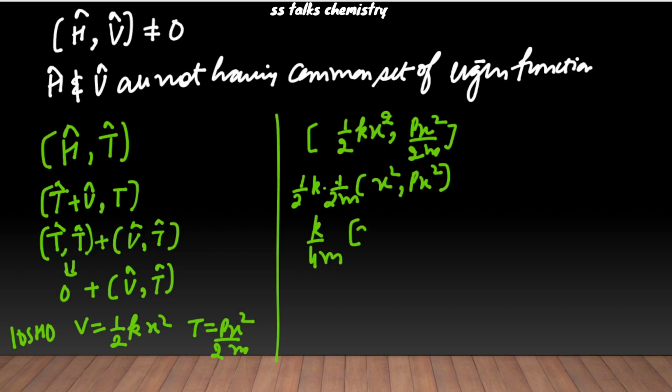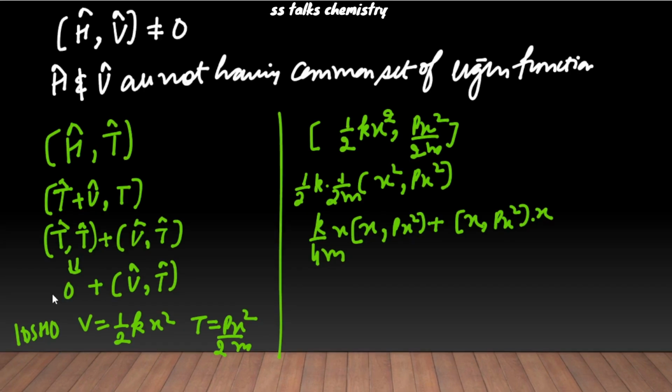Now here, x commuting with px square, with one x kept outside, plus x commuting with px square, the second one placed outside the bracket. So we will have k upon 4m. Solving this, it will become x into 2px iota h cut plus 2px into iota h cut into x.